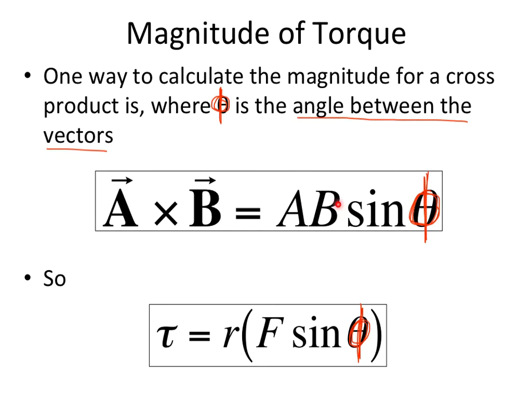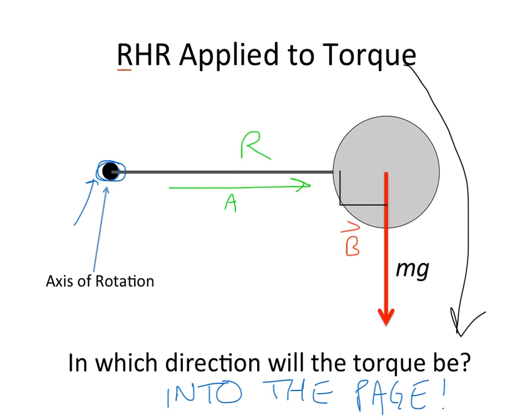But it may not be completely 90 degrees. If you're applying a force maybe in this direction, outwards, with some component in the radial direction, see how this has an X component as well as a Y component? First of all, you know probably from experience that isn't the most effective way to turn a wrench.